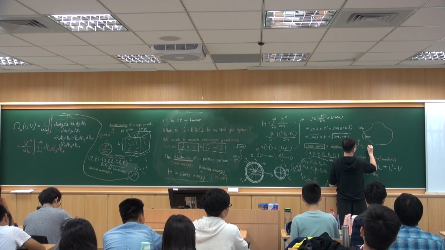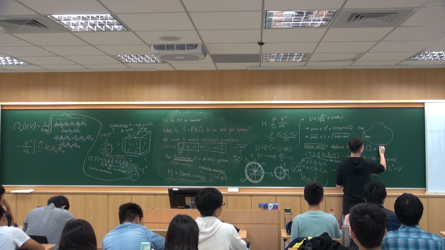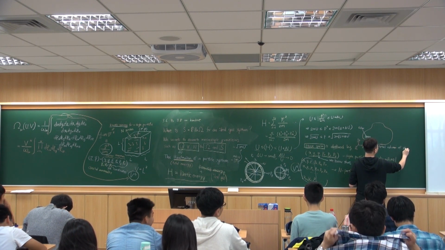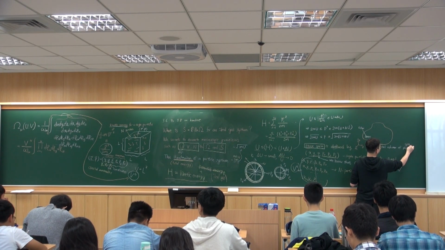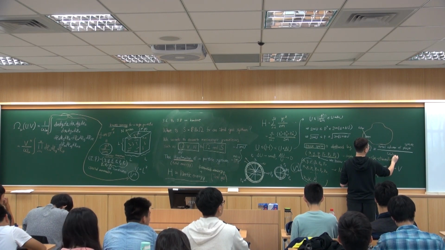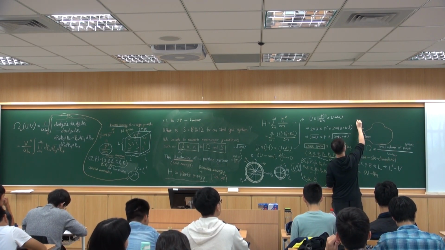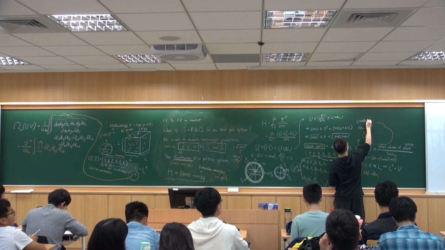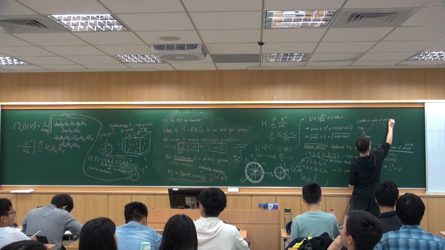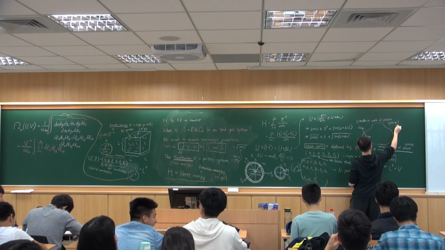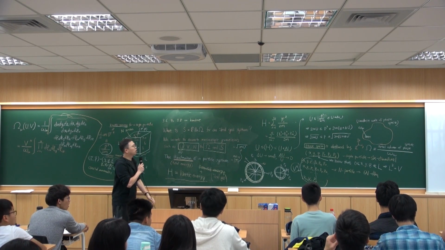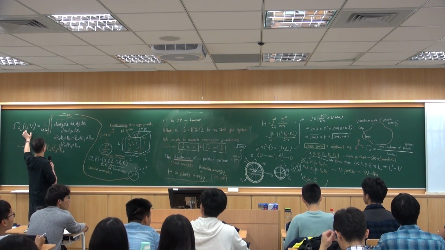So you can say Omega is defined by the total volume of phase space over this omega 6n, or the smallest unit of phase space, such that this is a dimensionless number, corresponding to Omega.